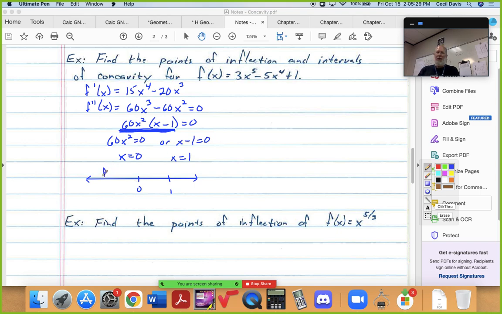So here, f double prime is going to be less than 0, which means that f prime is decreasing, which tells us what about f? What about f's concavity? Concave down. And the way we'll normally do that real quickly is do CC and a down arrow.